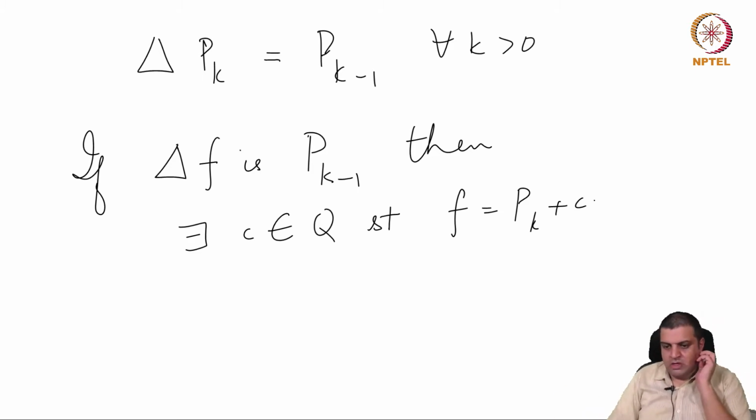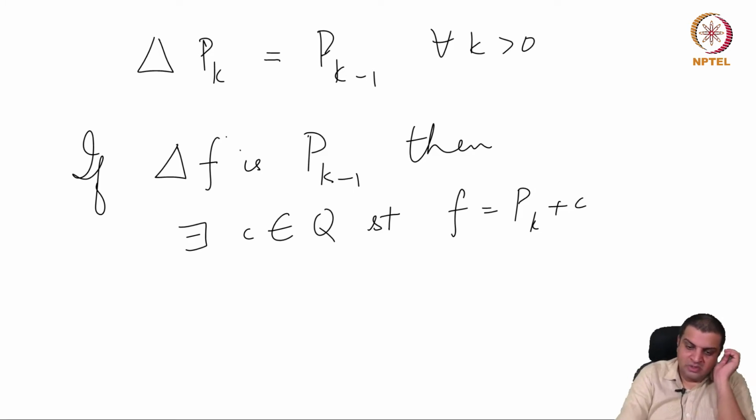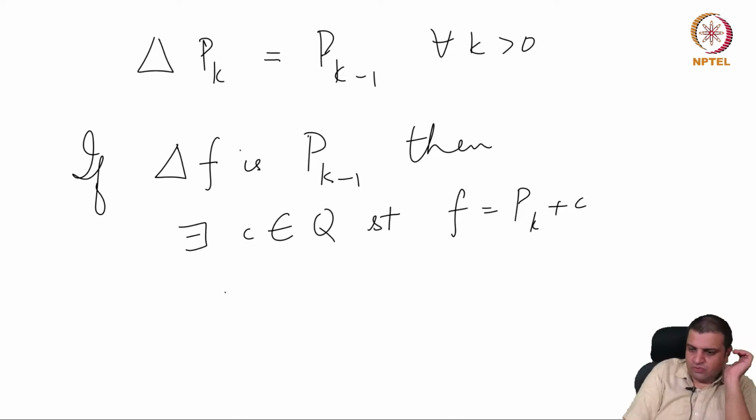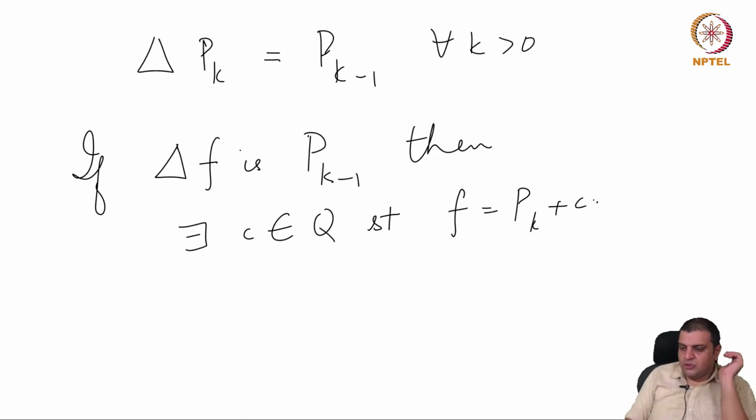This is slightly loose. What we are saying is f is a function from Z to Z that agrees with P_k plus c at every point of Z. So these are two observations.